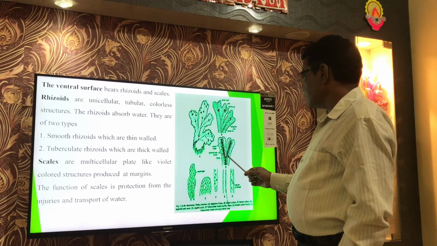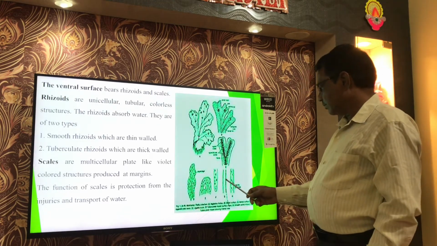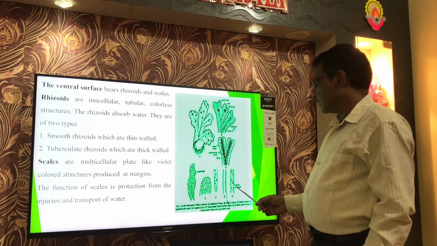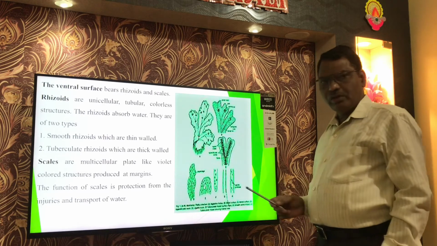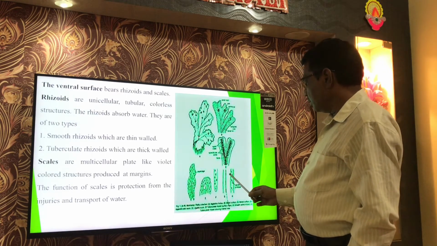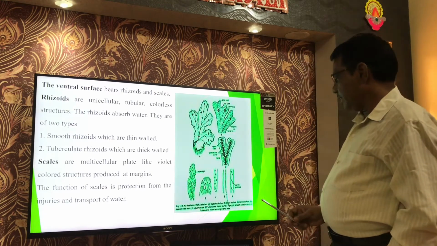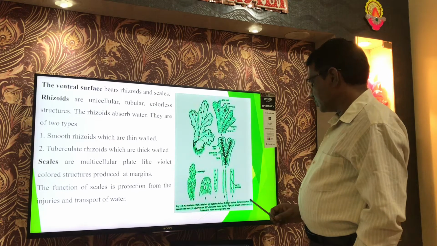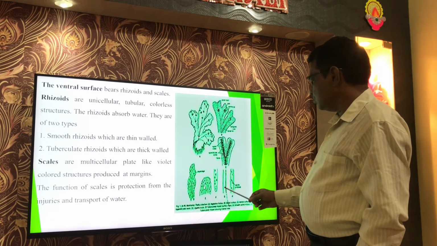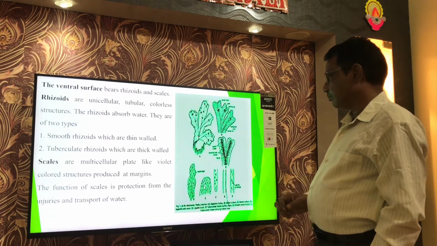These rhizoids are always unicellular. If you observe the enlarged view of each rhizoid, these are unicellular structures, that means there are no cross walls. But based on the wall of the rhizoid, there are two different types of rhizoids. One is smooth rhizoids, or smooth-walled rhizoids, and these are thin-walled.